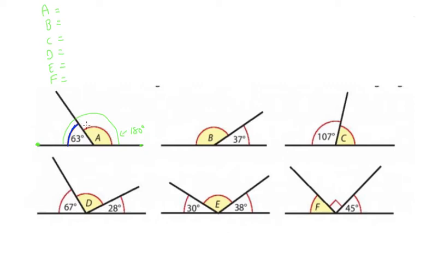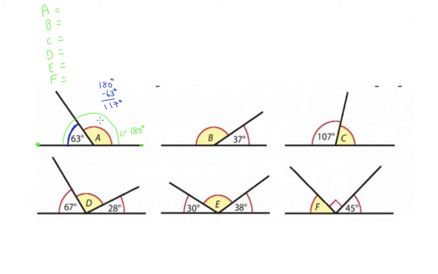So A must be whatever is left over. So I take 180 and I take away 63. And I should get 117 degrees. Okay, it's 180 degrees minus 63 degrees.